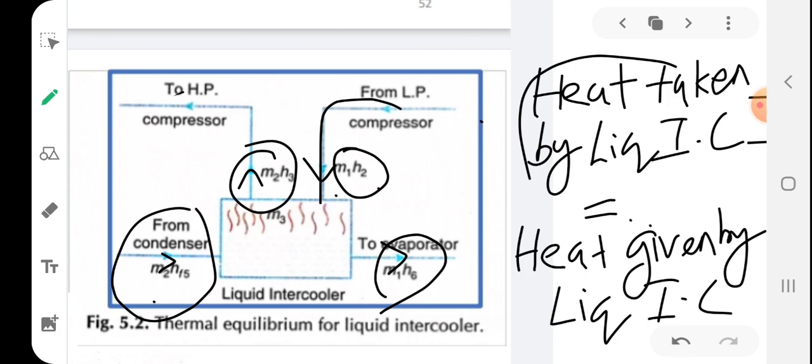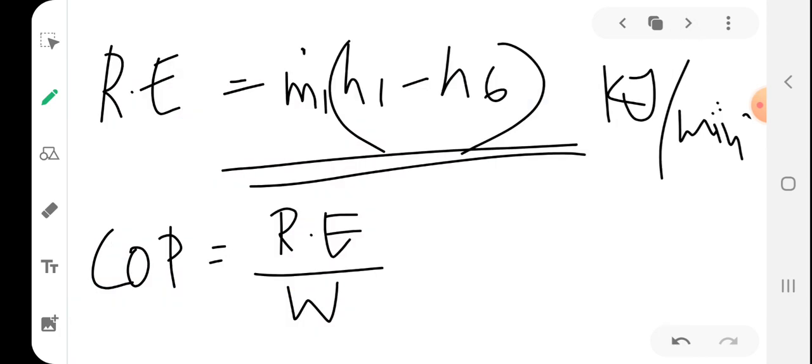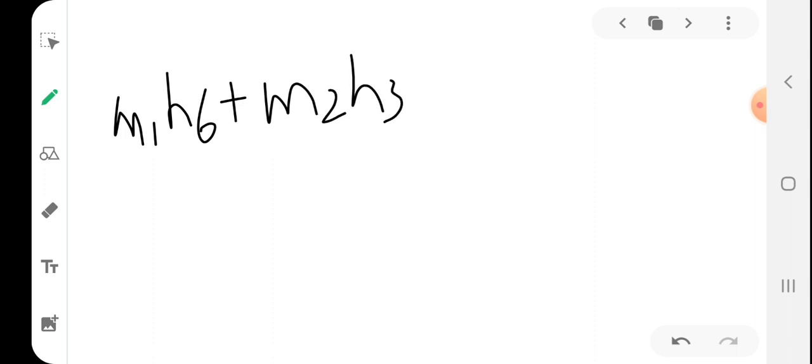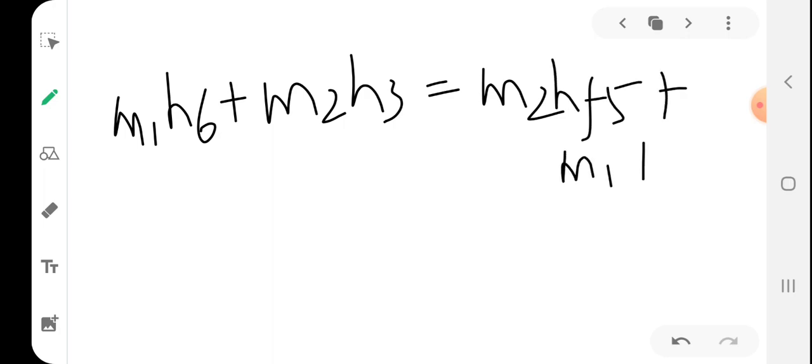So the mass is m2 and the state is 3, so h3 will be the enthalpy corresponding to that stream. So I can write the energy equation like m1 h6 plus m2 h3 equals m2 hf5 plus m1 h2, right?